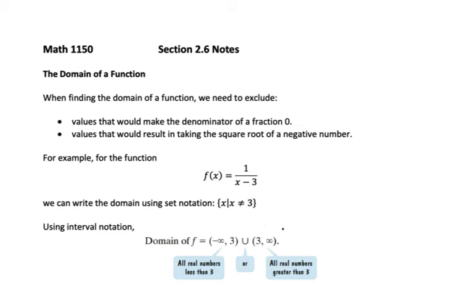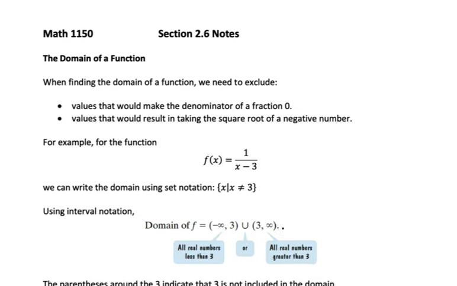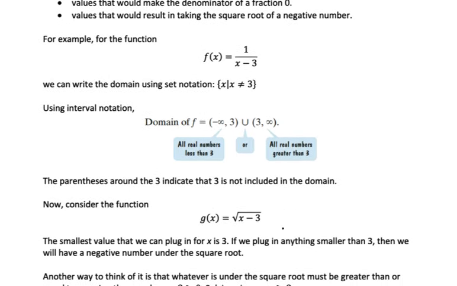Now to write that using interval notation, we're going to write it like this. So we have negative infinity up to 3, that interval, with parentheses around both, because we always have parentheses around infinities, and we have a parenthesis around the 3 because we are not including 3. In fact, we specifically do not want to have 3 in our interval, so we use a parenthesis.